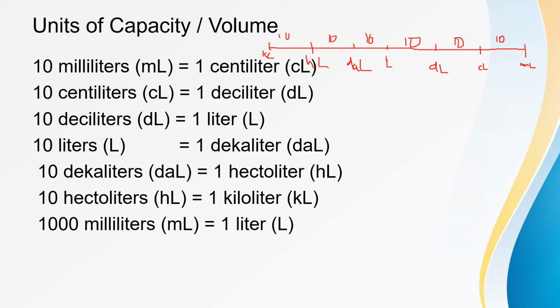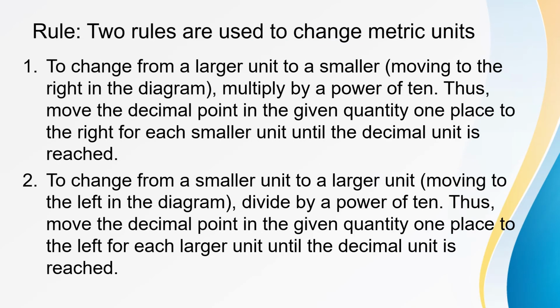Okay, let's discuss that in rules. The same rules apply when we do that in kilograms and length. Two rules are used to change metric units. To change from a larger unit to a smaller unit, moving to the right in the diagram, multiply by a power of 10.